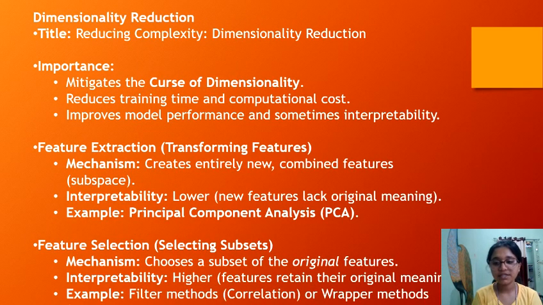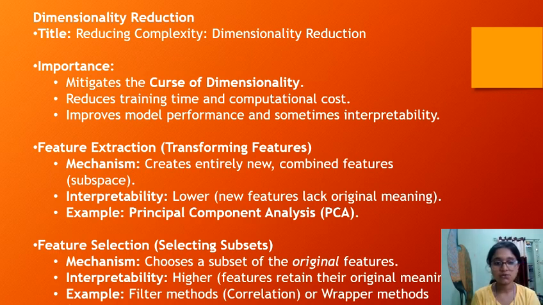Now move to the next question, that is dimensionality reduction. Title: Reducing complexity, dimensionality reduction. Importance: mitigates the curse of dimensionality, reduces training time and computational cost, improves model performance and sometimes interpretability.